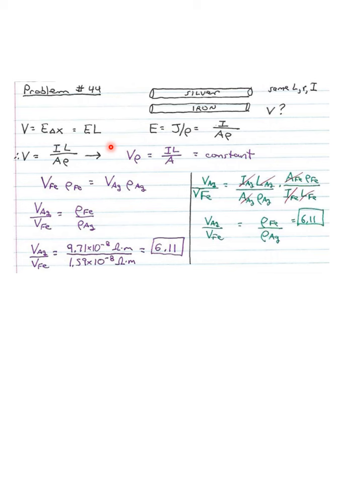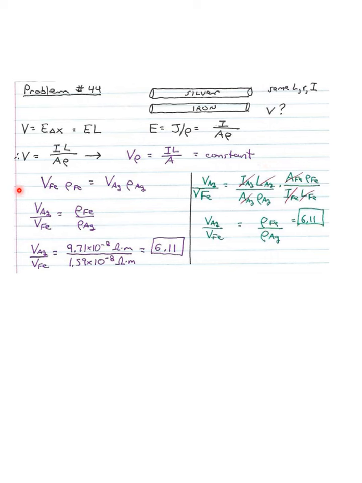So in the setup to the problem, it said same length, same current, same size, meaning area, those things are constant. But between silver and iron, they have different resistivities. So this equation in black becomes the equation in purple, that voltage times rho is IL over A, which is constant. Let's ignore IL over A, and we'll just say voltage times rho is constant.